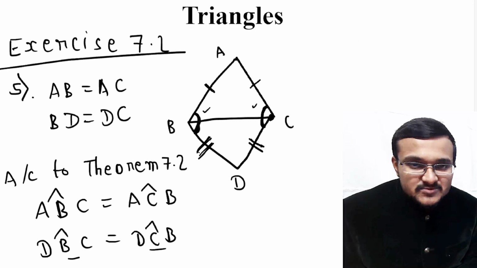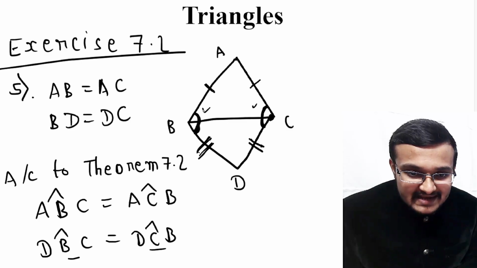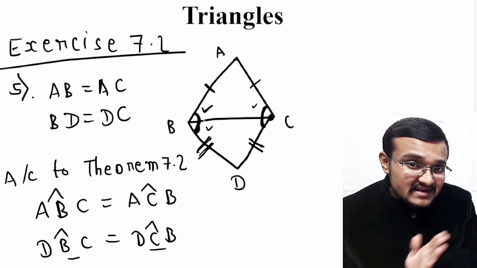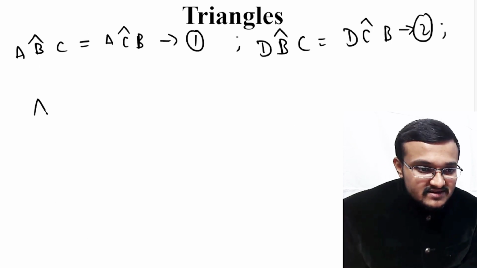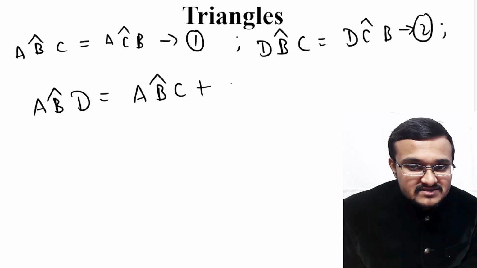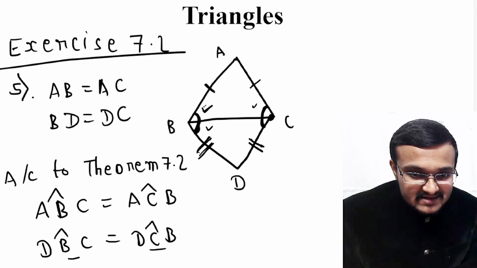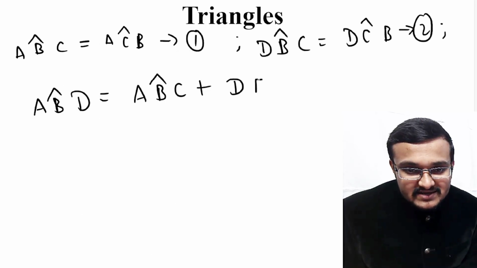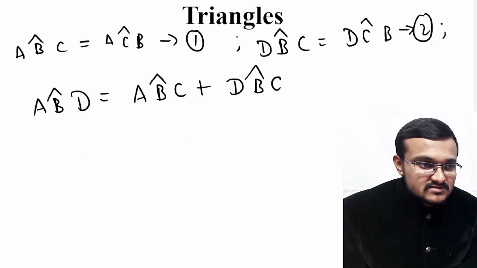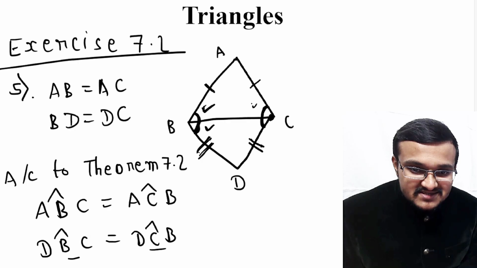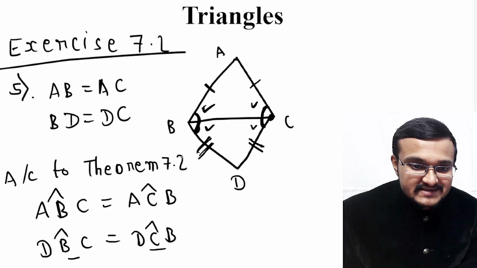Now if you see this diagram, if you add angle ABC and angle DBC, you will get the total angle ABD. That means the total angle ABD is equal to angle ABC plus angle DBC. Similarly, if you consider the total angle ACD, that is the sum of ACB and DCB.